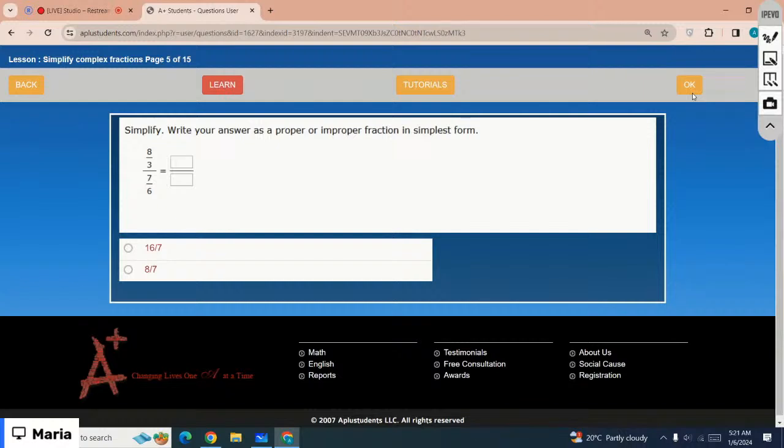Simplify. Write your answer as a proper or improper fraction in simplest form. 8 over 3 divided by 7 over 6. So which is the correct option?